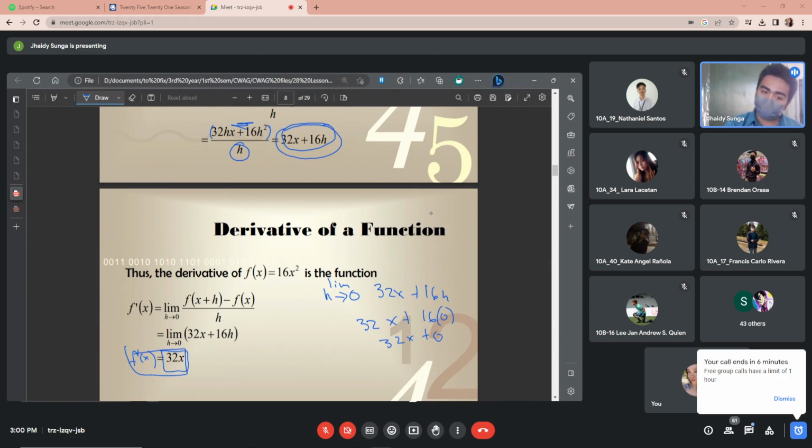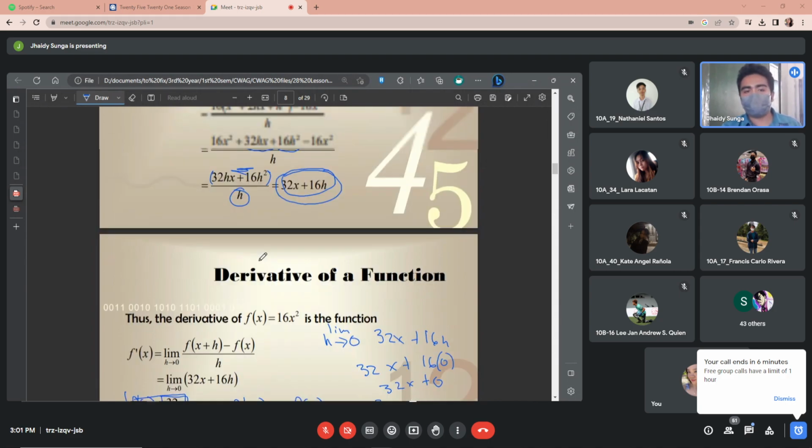So we could also say that the derivative of your function 16x squared is 32x. Okay? So the process, once again, let's go back.